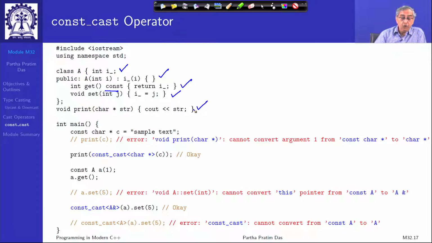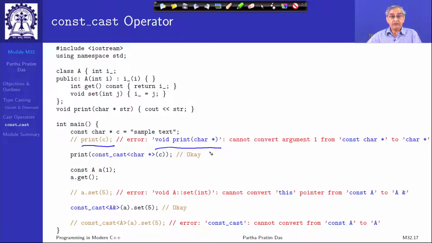Then I have a global print function. Here is a pointer to a constant string. This side is const, so I cannot change the string. Now, if I try to pass this as a parameter to print, I will get an error.